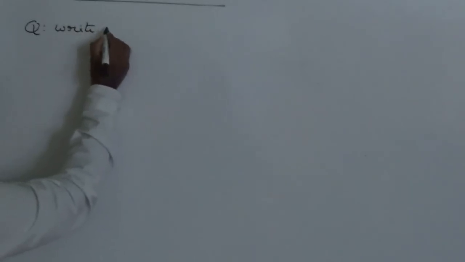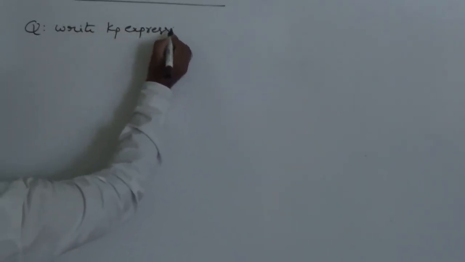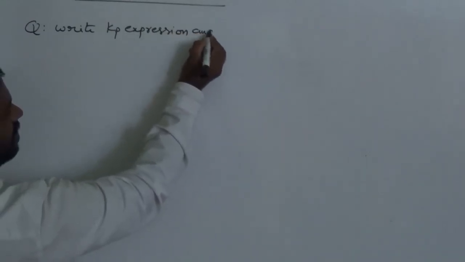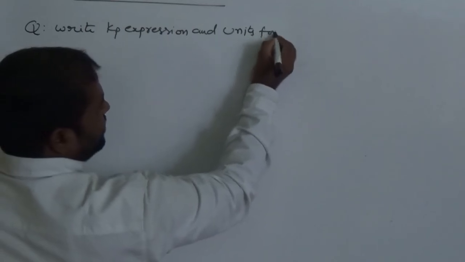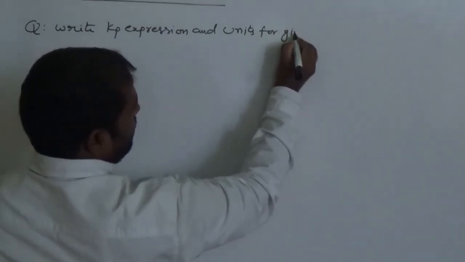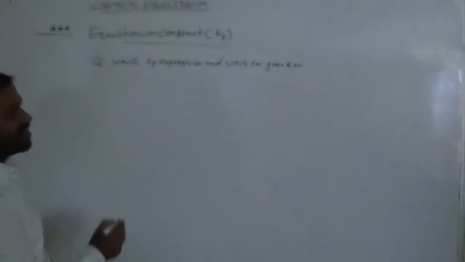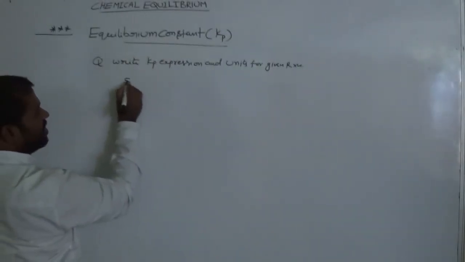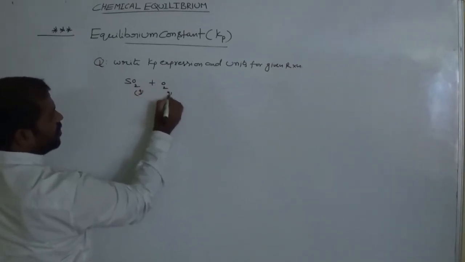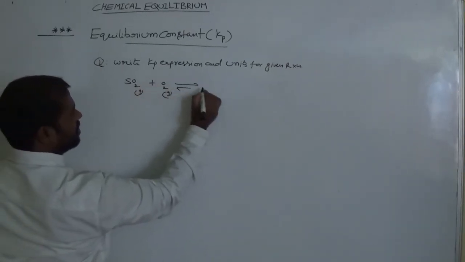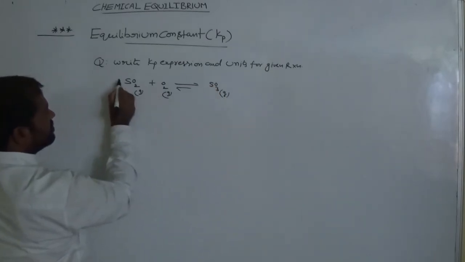Write the Kp expression and units for the given reaction. So the given reaction is SO2 plus O2 is reversible to SO3.